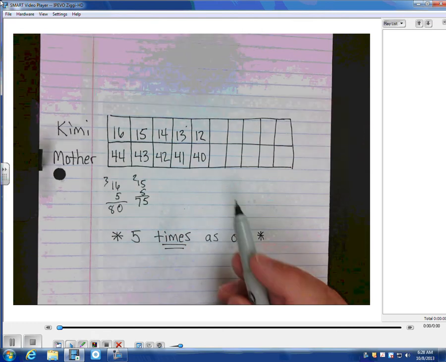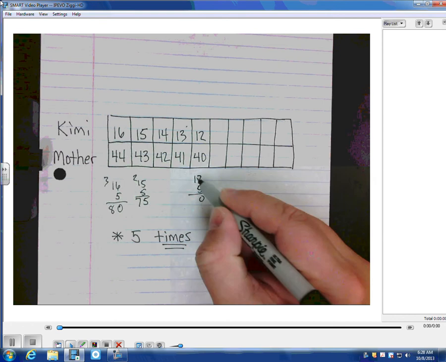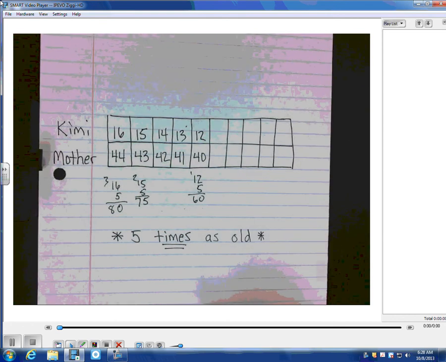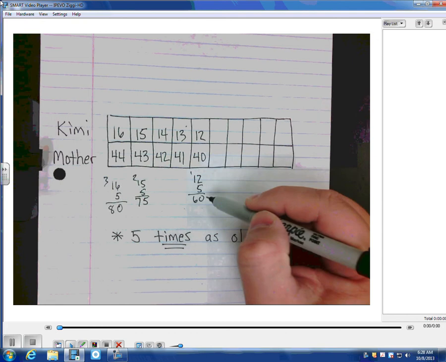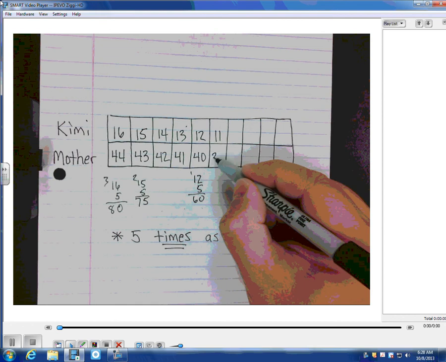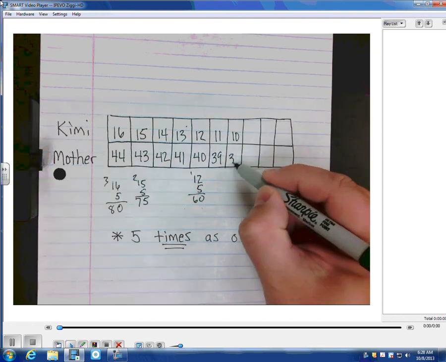I'll just do a quick check here. If I multiply 12 times 5, that's 60. I'm still a ways off from it falling within this number here. When she was 11 years old, she would have been 39. When Kimmy was 10, mother would have been 38.